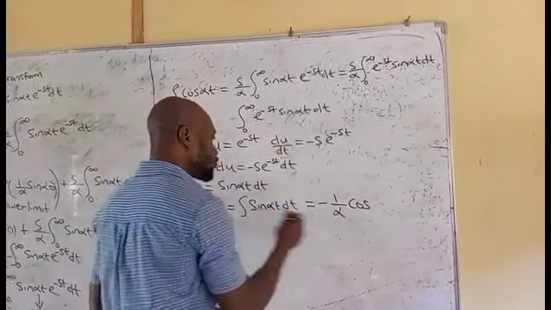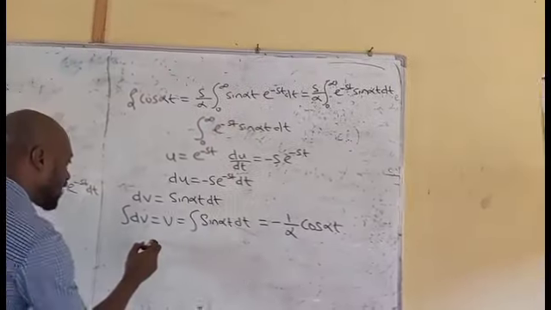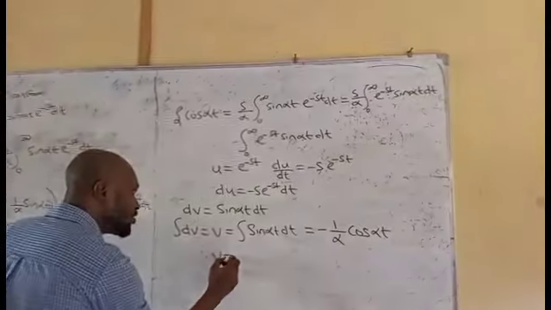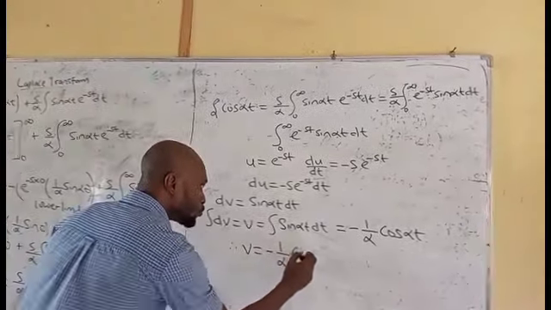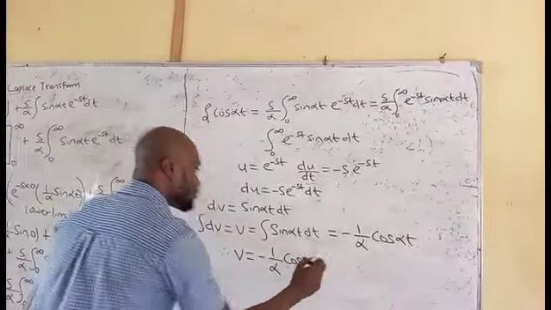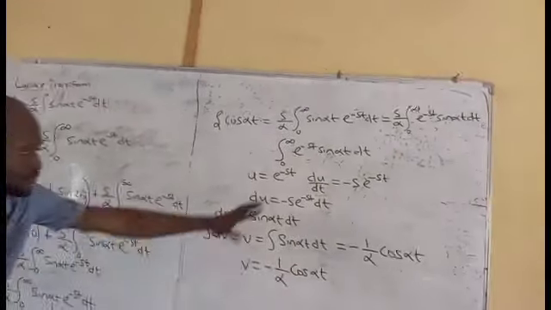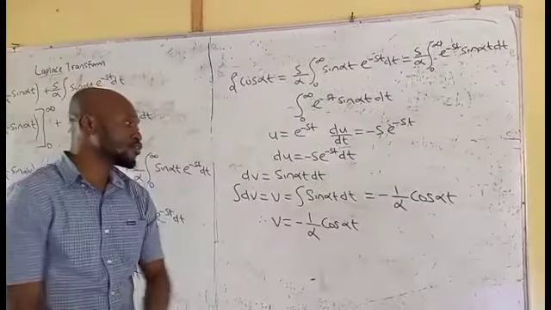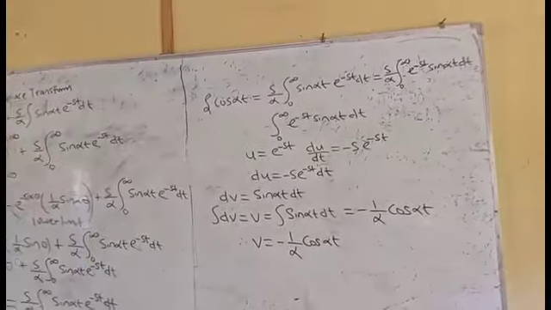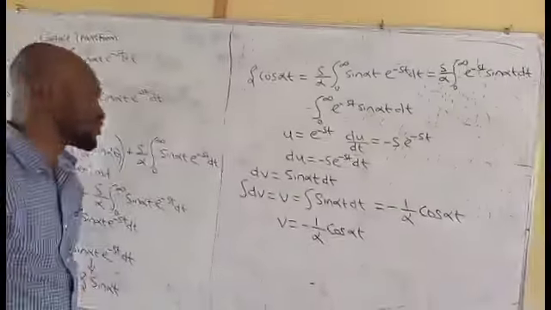Are you getting it? So you have cosine alpha t. Finally, your v will give you minus 1 over alpha cos alpha t. This is your v now. Mind you, if you integrate sine, you change to cosine, but it will go with a minus sign.